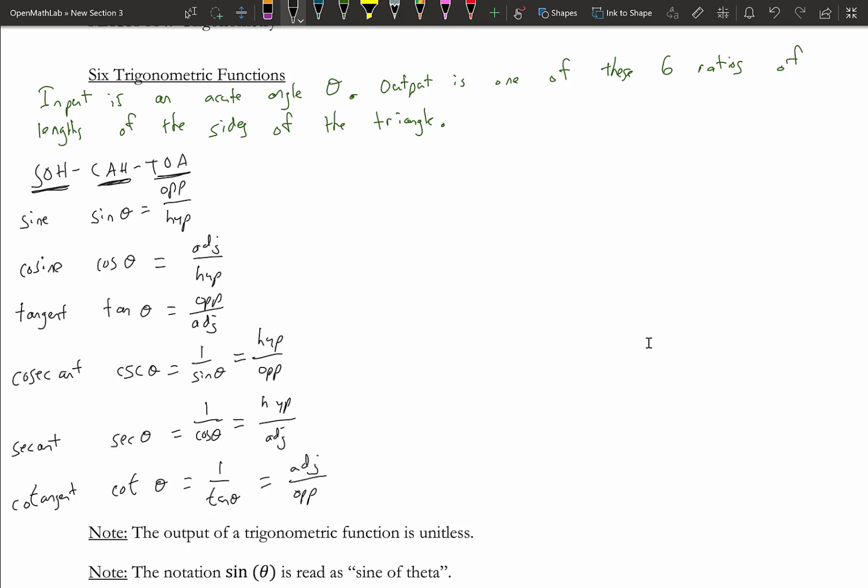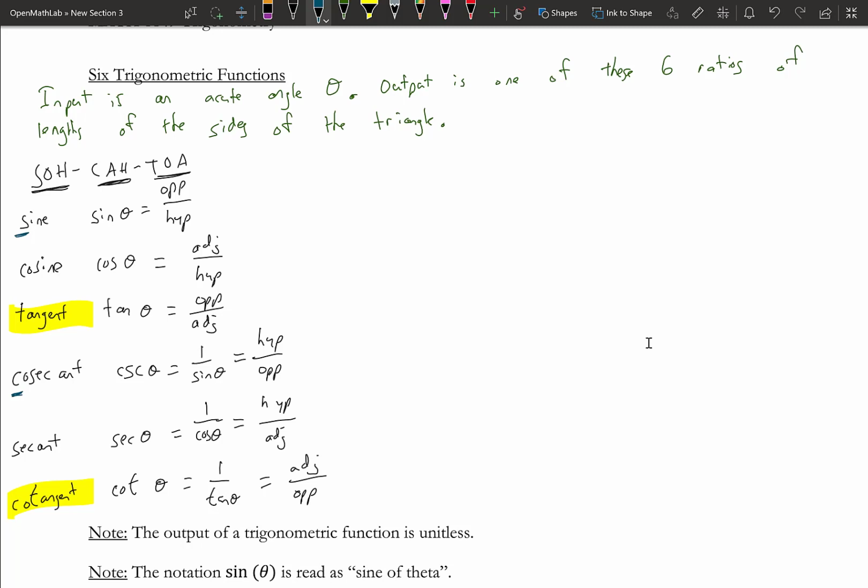I think it's pretty easy to remember that cotangent and tangent go together. But in terms of cosecant, secant, sine, and cosine, one thing that helps me is that sine and cosecant go together, so the S's and C's don't match up.